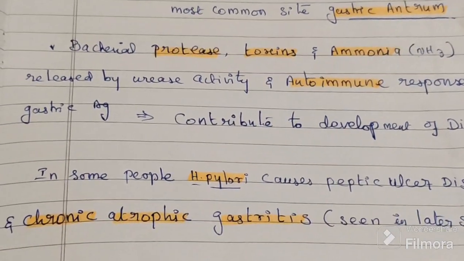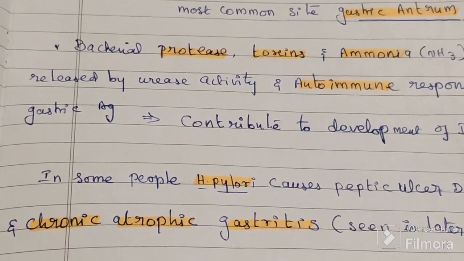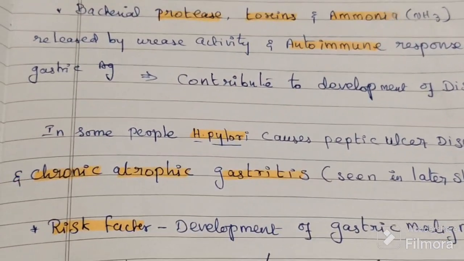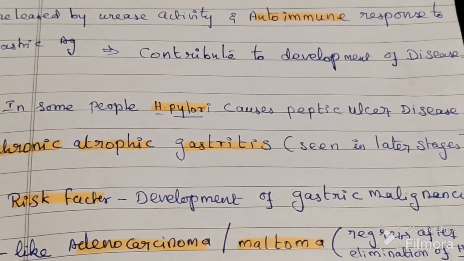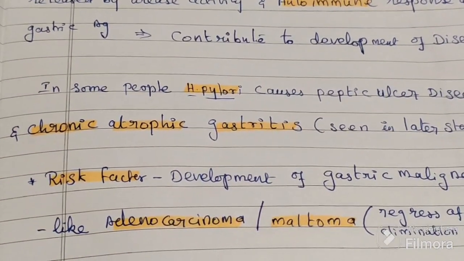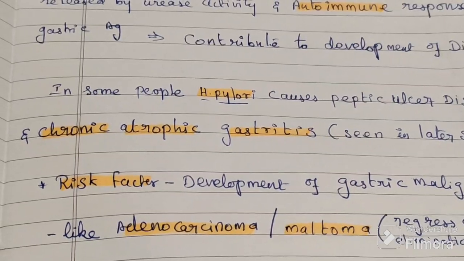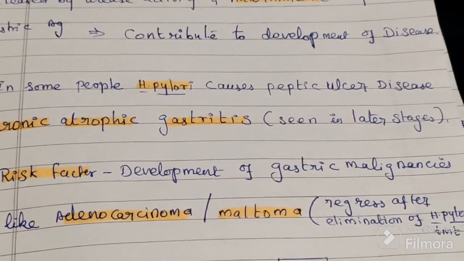In some, chronic atrophic gastritis may be seen in the later stage.